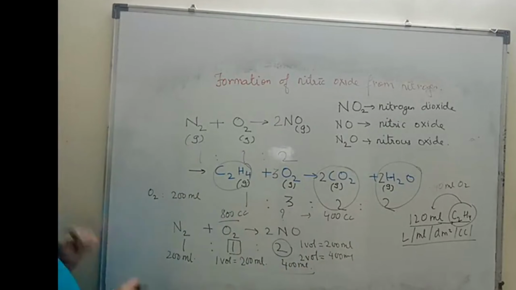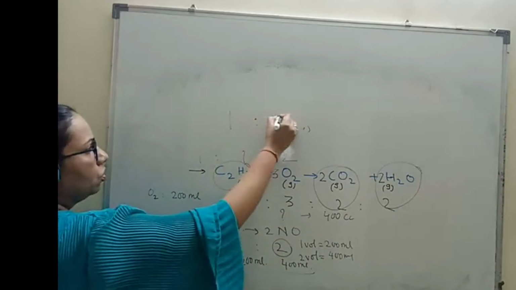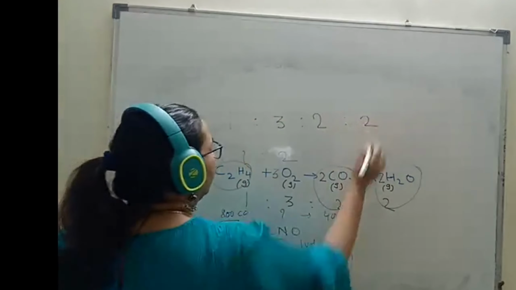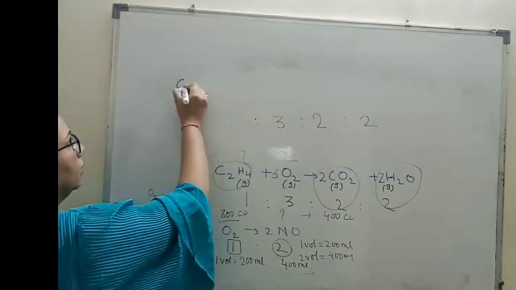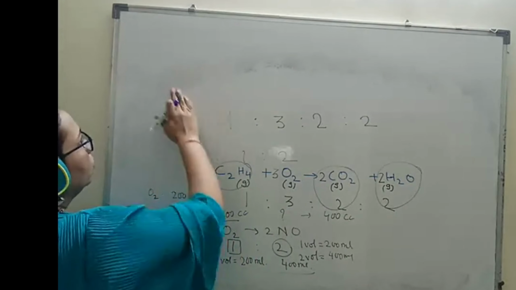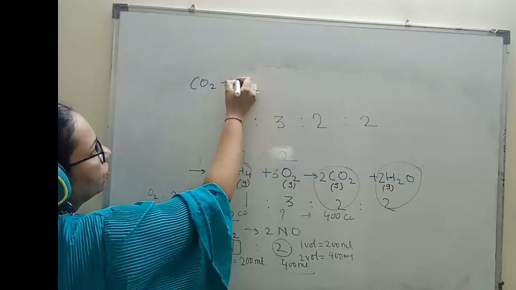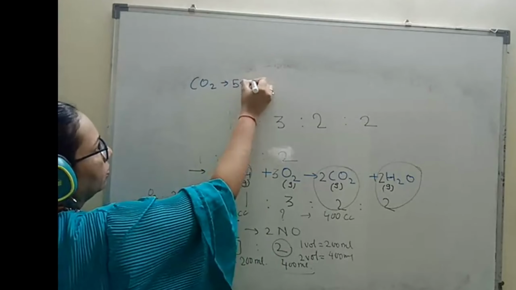Okay. Let's try for this one. If you want, you can take a note of the nitric oxide, and then we come to the ethene part. Writing on the top, 1:3:2:2. Complete combustion. Not ethene, CO2 sample, I have 500 ml.